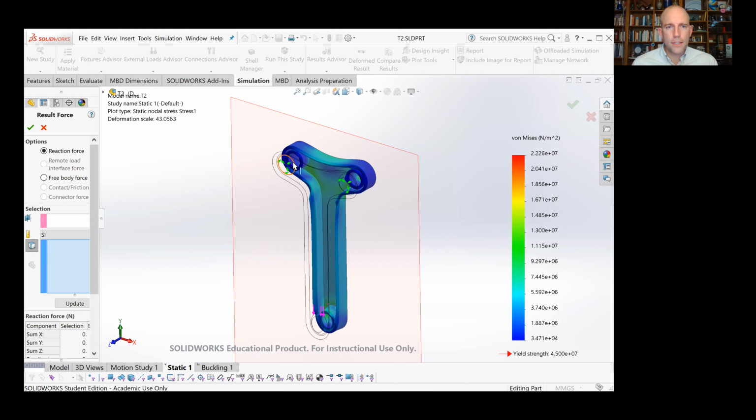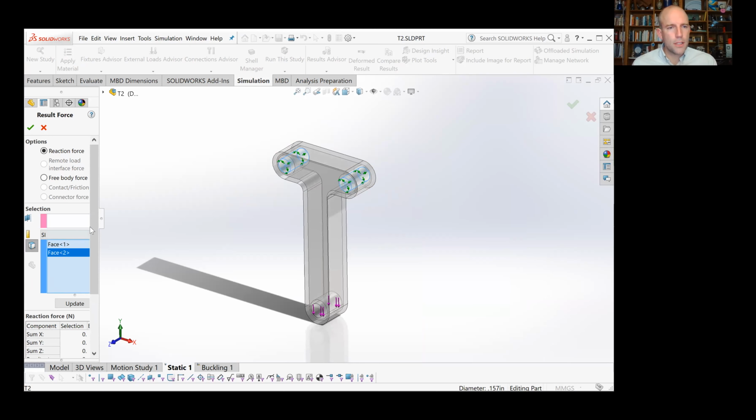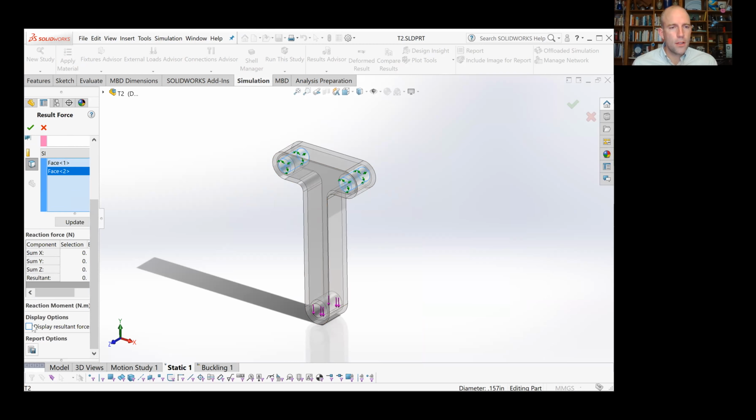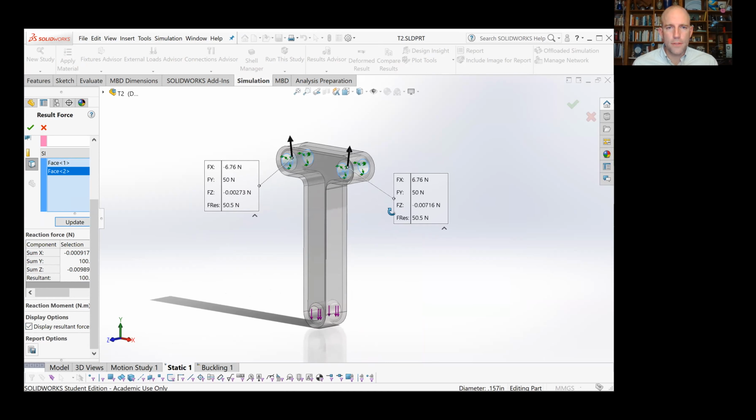And now I'm going to select those two surfaces that were constrained. This is a little annoying in wireframe, so let's switch over to solid. So I've selected the interior surfaces that were constrained. Then I'll select display resultant force and update. And you can see now we have these reaction forces appear on our screen.